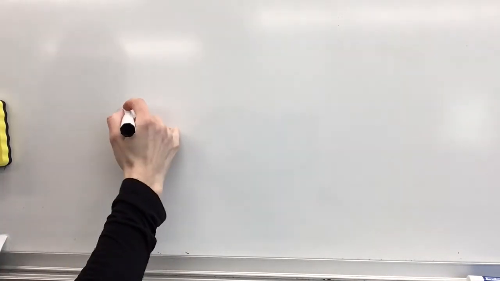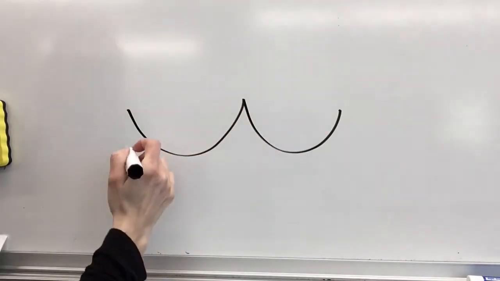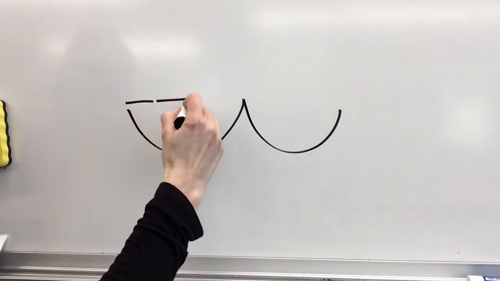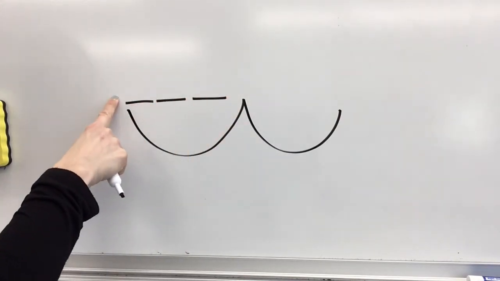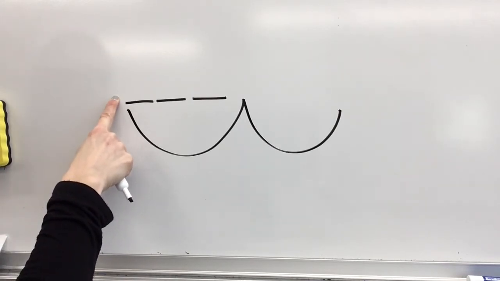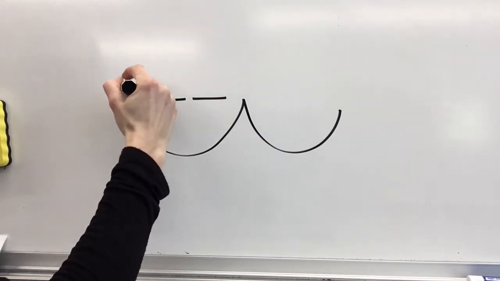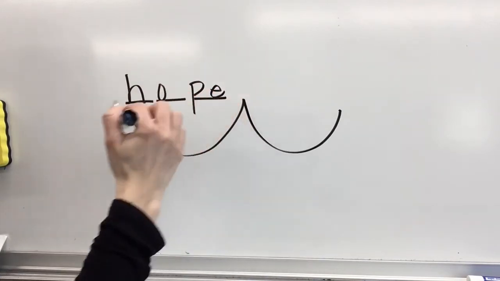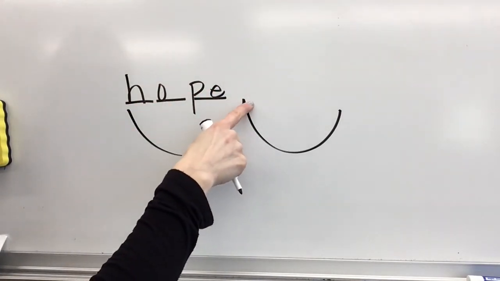Your next word is hopeful. What word? Hopeful. 2 parts. Hope, full. Stretch the sounds you hear in hope. Write your sound spellings for hope. Stretch the sounds you hear in full.